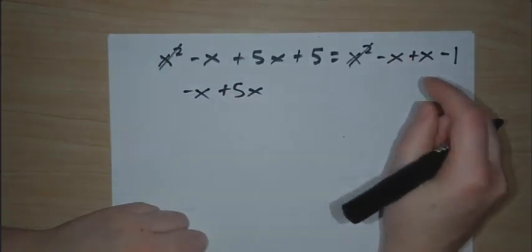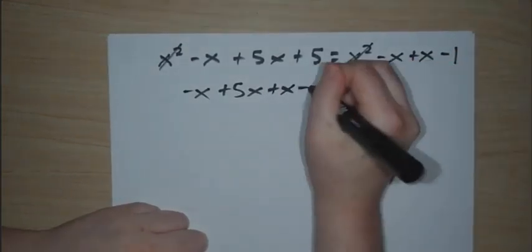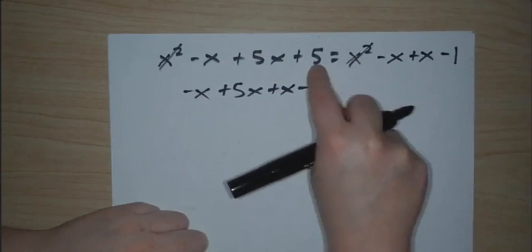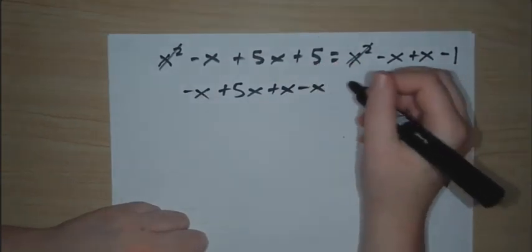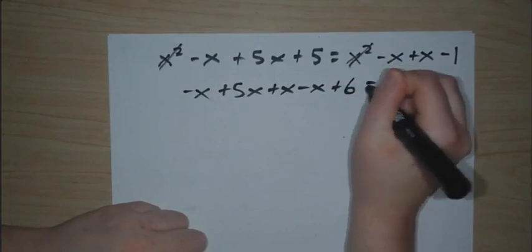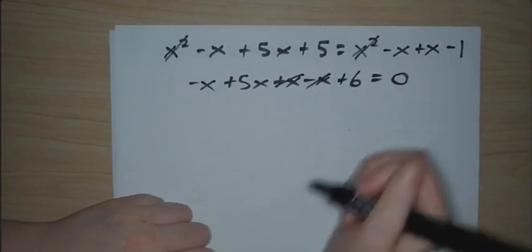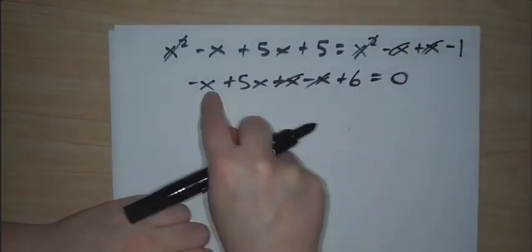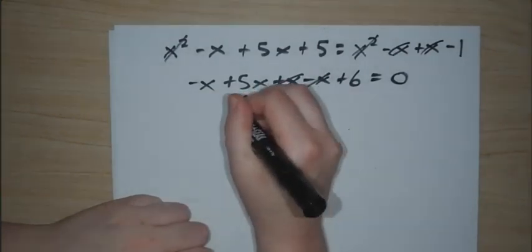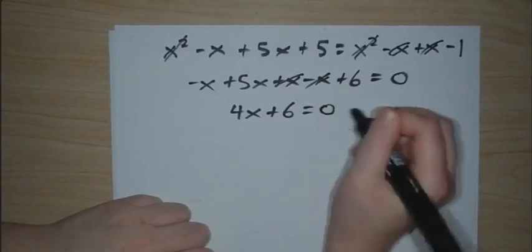So we're going to add an x and subtract an x. And then there's a positive 5 right here, moving this 1 over. We have 5 plus 1, so it's plus 6 is equal to 0. So this plus x and minus x will cancel. In fact, they would have canceled up there. And this negative x plus 5x will be 4x plus 6 is equal to 0.